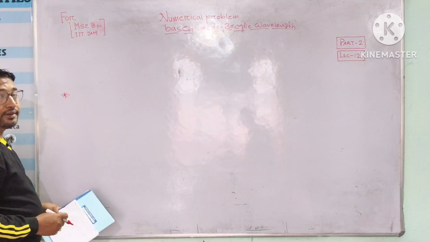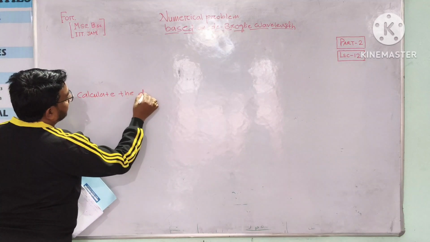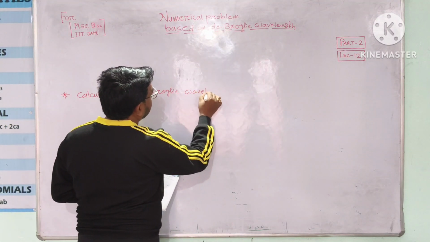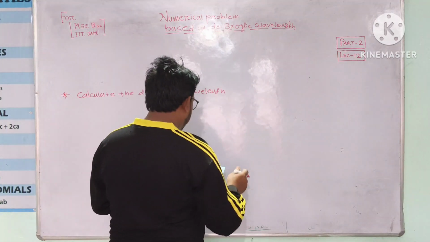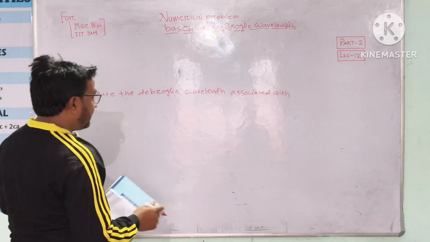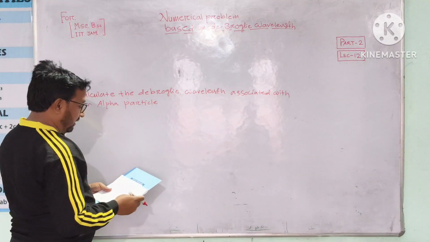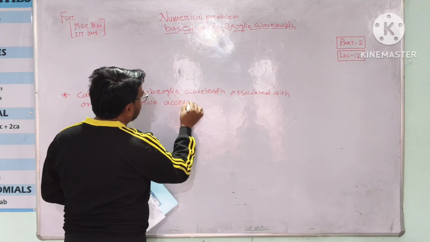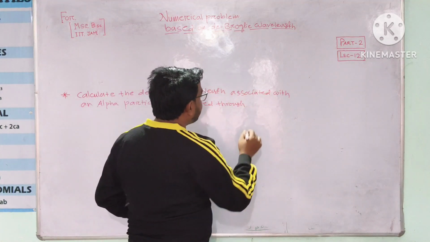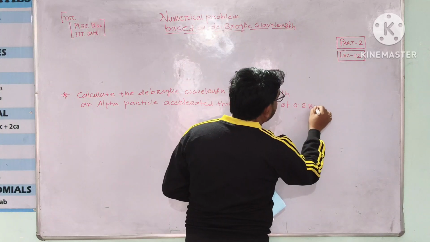Okay, our next numerical problem is: calculate the de Broglie wavelength associated with an alpha particle accelerated through a potential difference of 0.2 keV.